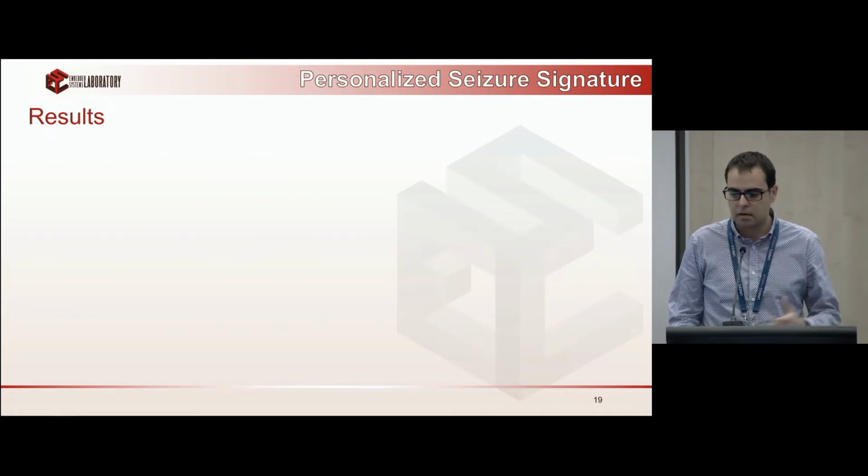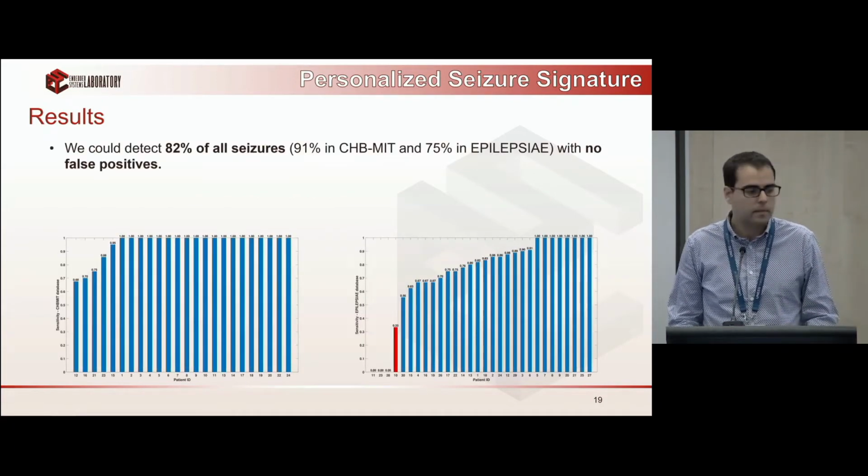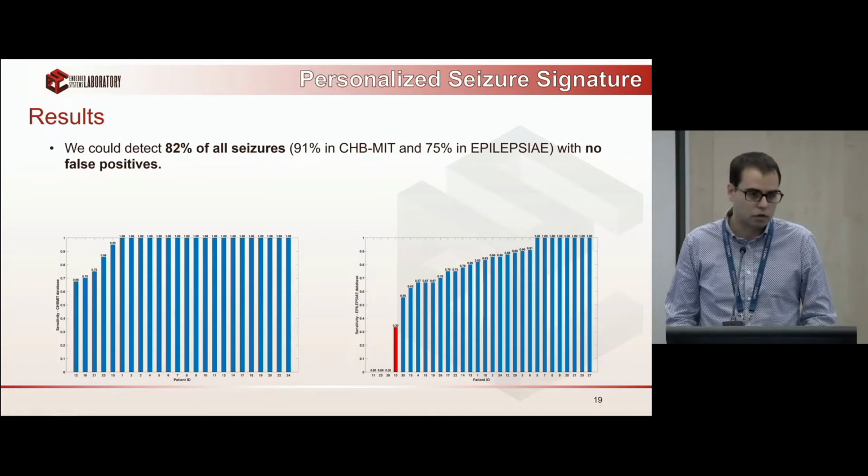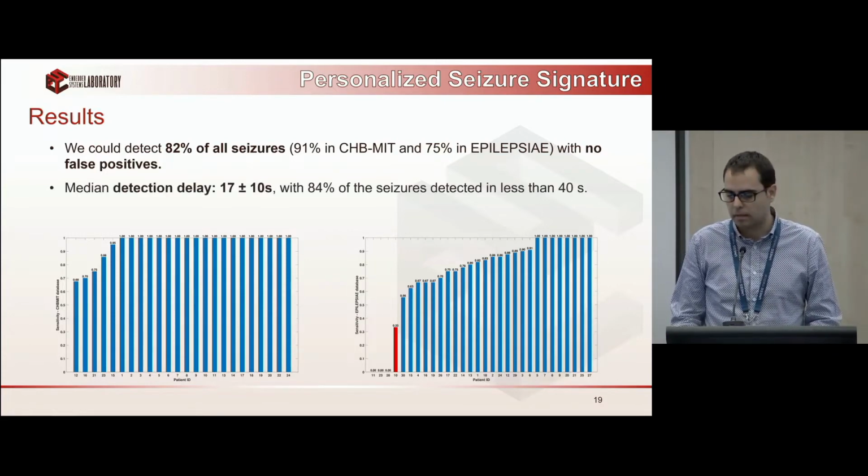And these are the results that were shown before for the 2 databases. As an overall number, we could detect 82% of the seizures, 91% in the CHB-MIT, which was indeed easier, and 75% in Epilepsy, and no false positives, as I said before.